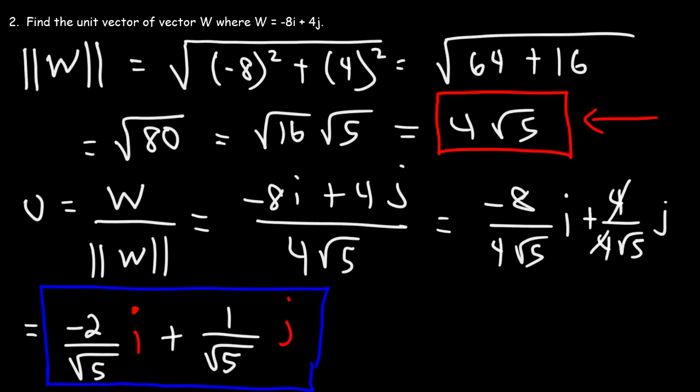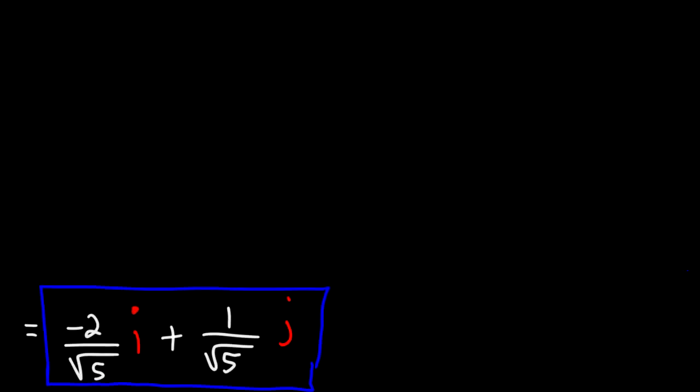Let's go ahead and do that. So in order for us to rationalize the denominator, we need to multiply the top and the bottom by the square root of 5.